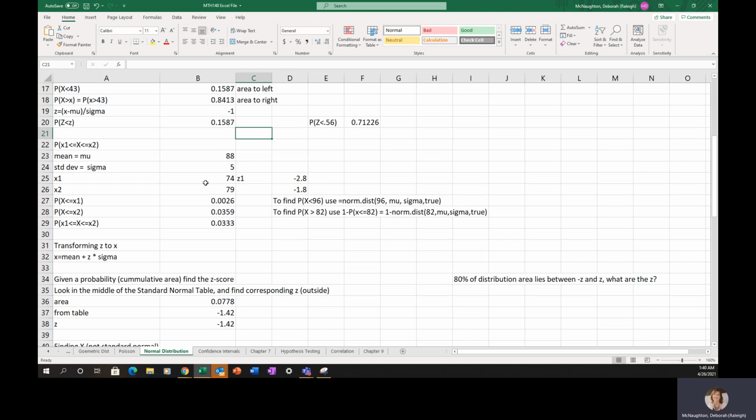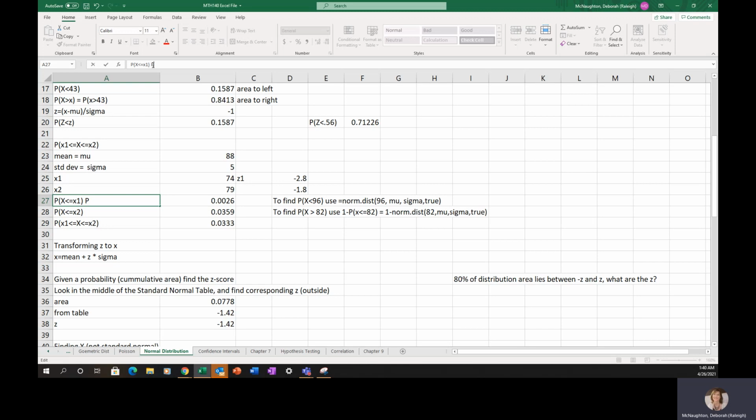So again, if they ask us to find the probability, so I showed you it for Z. If they ask us to find the probability for just a normal distribution that's not standard normal, that X is between two values, you're going to put both of those. We need the mean, the standard deviation, and then the two X values. And then we'll calculate the probability that X is less than or equal to.